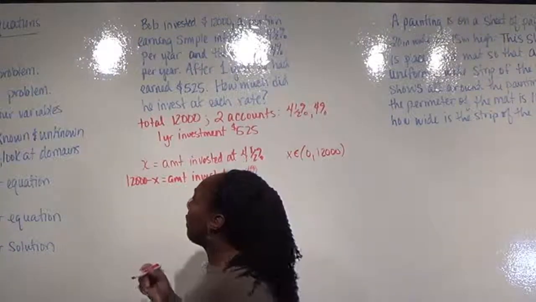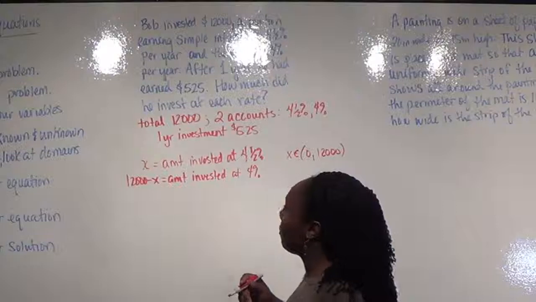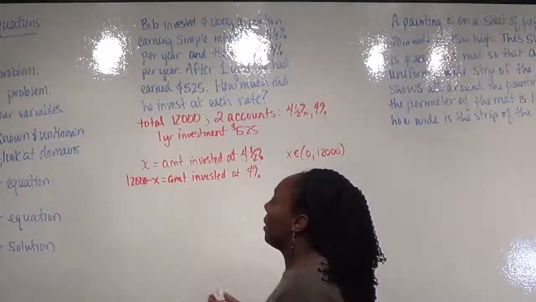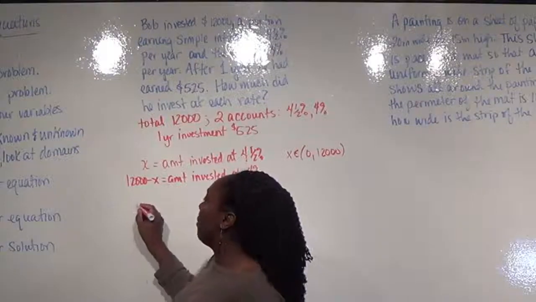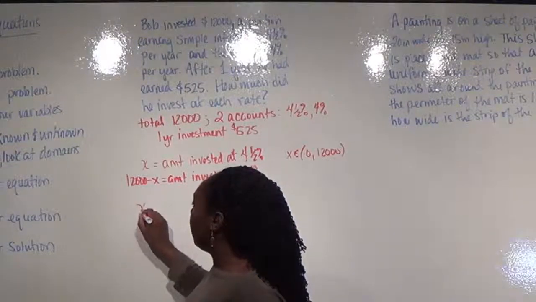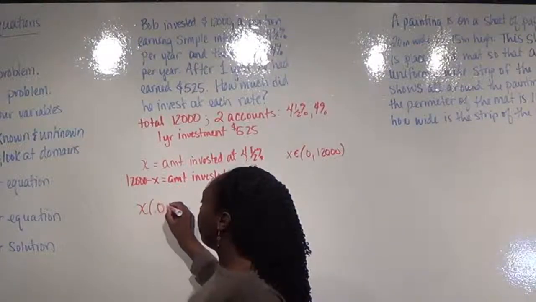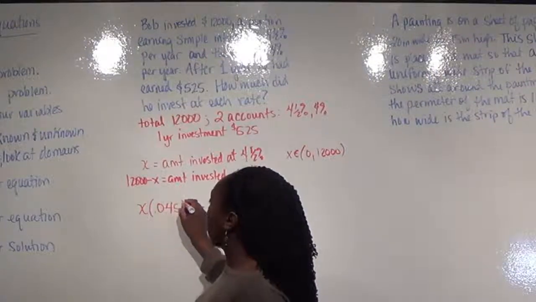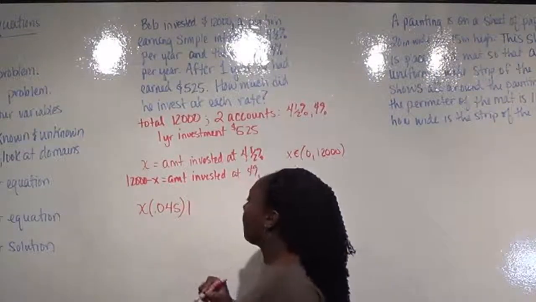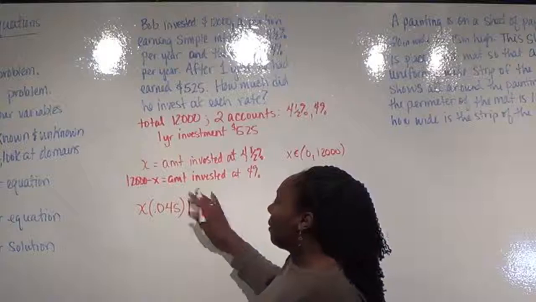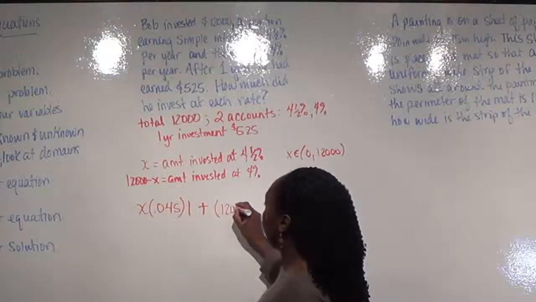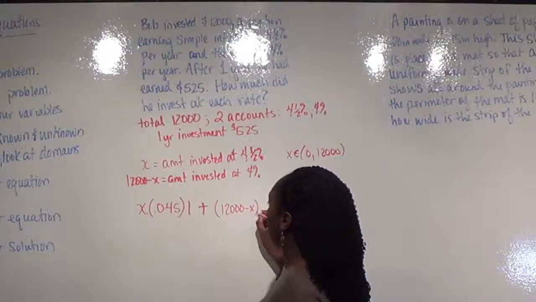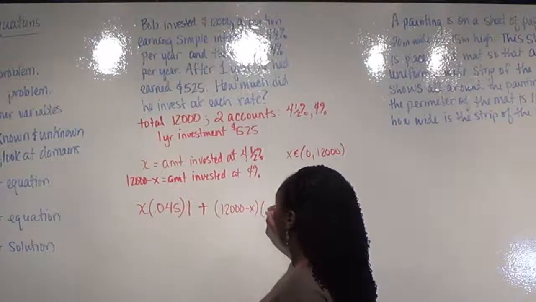Okay? So to form my equation, I'm going to use those relationships we talked about, which were the simple interest. It says that the interest earned at the 4.5%, which is going to be the amount I put in, times the interest rate, times the time, plus the amount at 4%, which in this case is the 12,000 minus X. This one's at 4%, and again, 1 year.